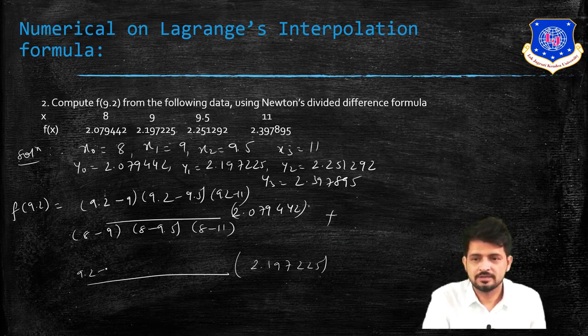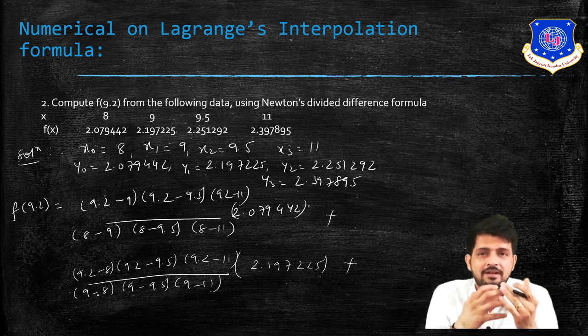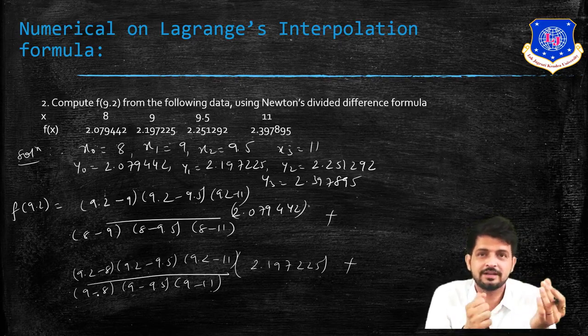So 9.2 minus 8, 9.2 minus 9.5, 9.2 minus 11, and the same values from 9: 9 minus 8, 9 minus 9.5, and 9 minus 11. Similarly you can write 2 more terms, and on the basis of that, by solving it in a single step in a calculator, you can get the answer.